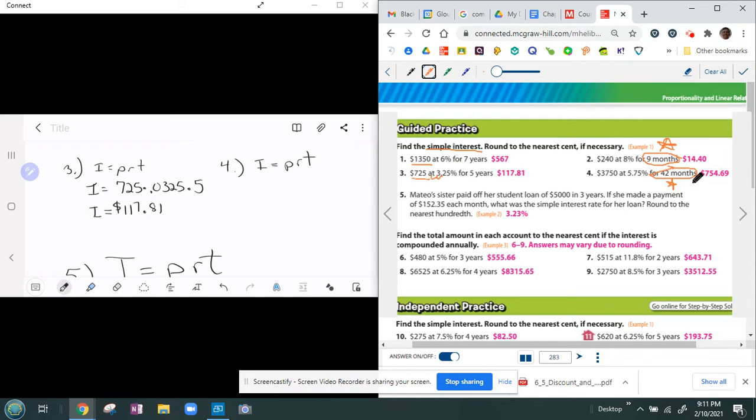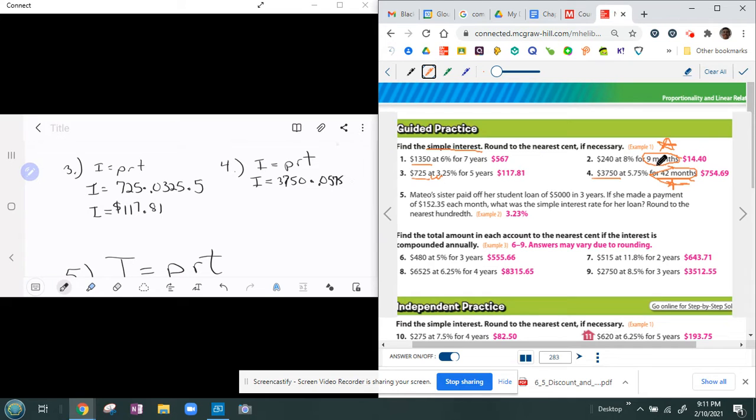Again, it's a month problem. So that means we have to convert those months to years. We still use the same formula. We know the interest earned is going to be calculated by doing the principal, which is $3,750. And then we're going to multiply that by the rate, which is 5.75%, which is 0.0575 as a decimal.